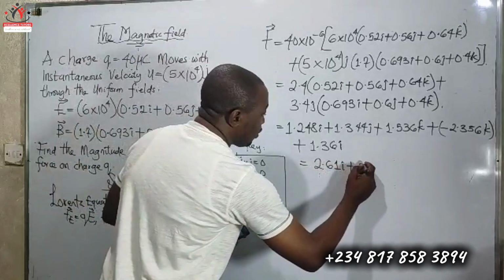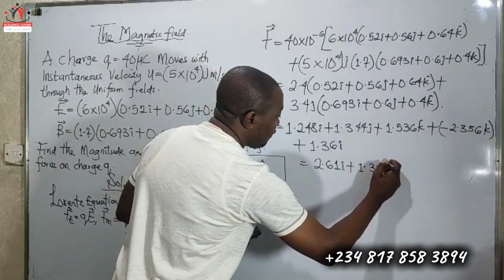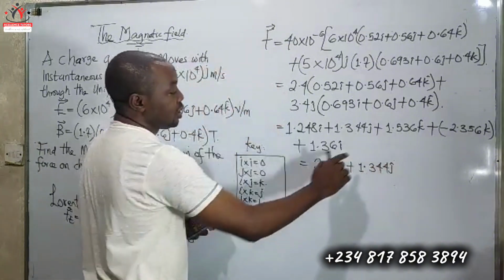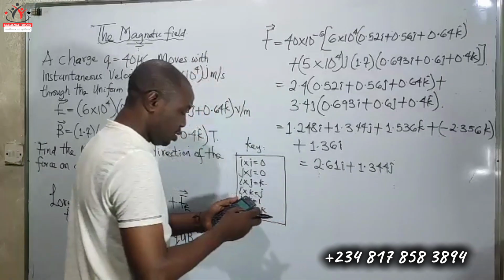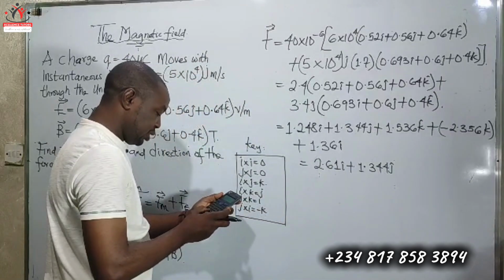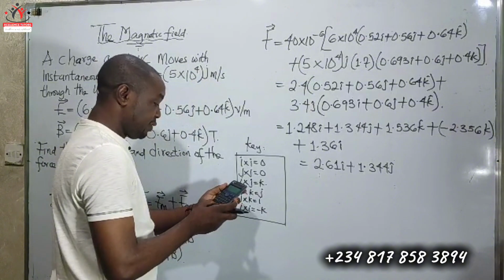Then we also have plus 1.344j. Then here we have 1.536k. What is 1.536 minus 2.356?